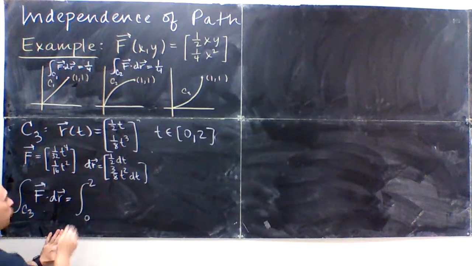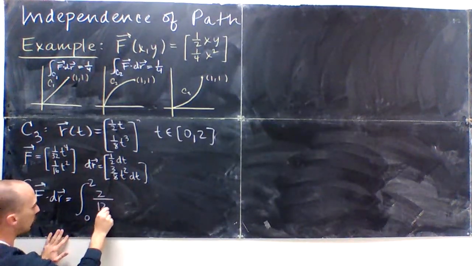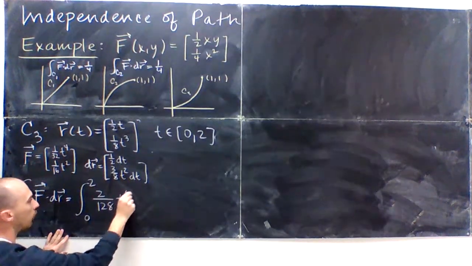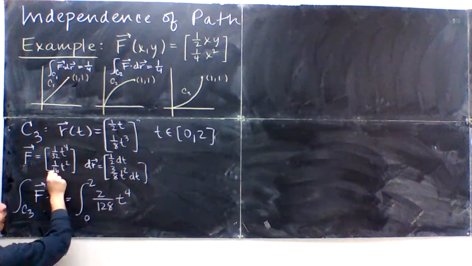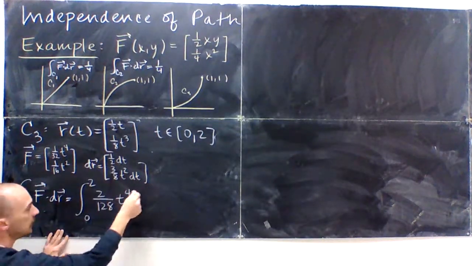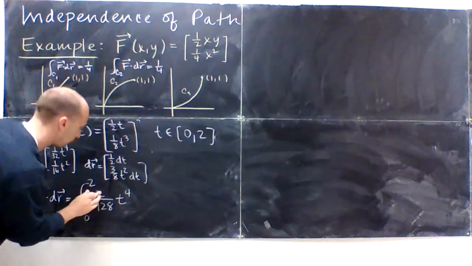Okay, now t is running from 0 to 2. This is 2/128 t to the 4th. And then I'll have 3/128, because that is 16 times 8, t to the 4th dt. So if I add 2/128 plus 3 more, I'll have 5/128.